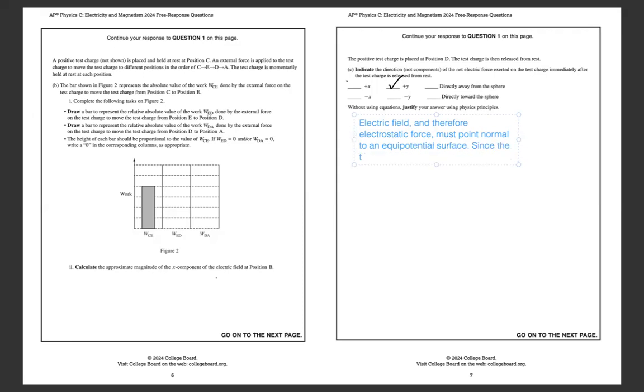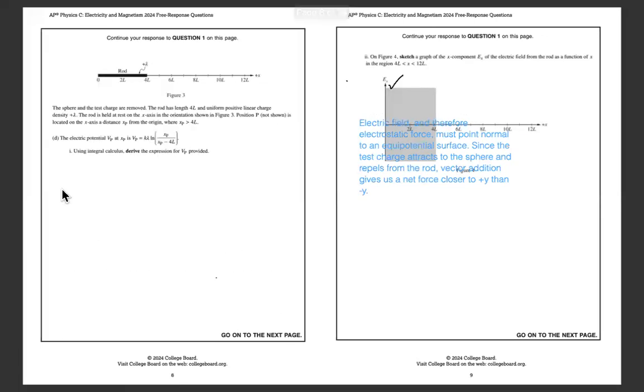Since the test charge attracts to the sphere and repels from the rod, vector addition gives us a net force closer to plus y than negative y. There we go. Okay, that's good enough, I think. All right, let's move on.